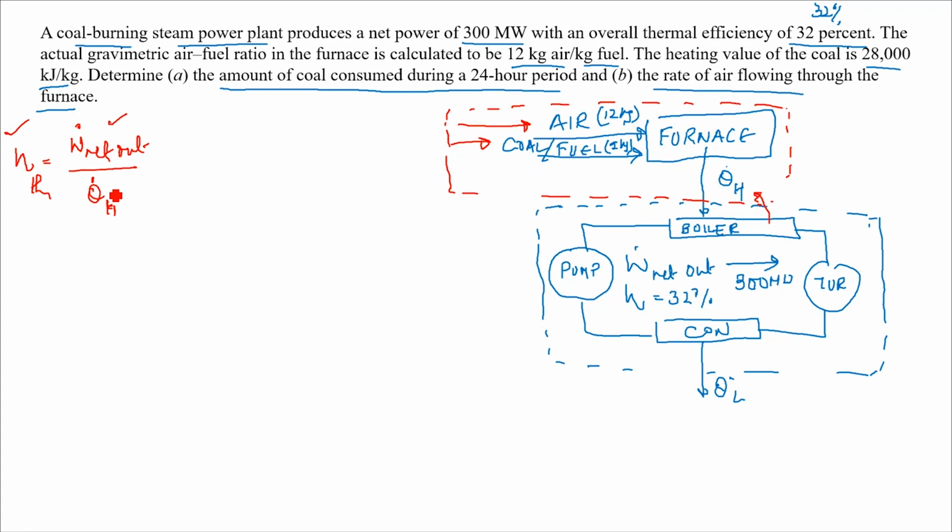This would help us find Q dot H. So Q dot H is essentially work dot net out divided by the efficiency, which is 300 megawatts divided by 0.32. So what is Q dot H?